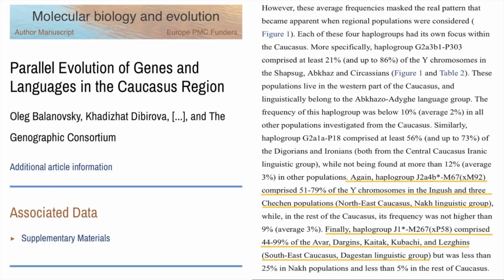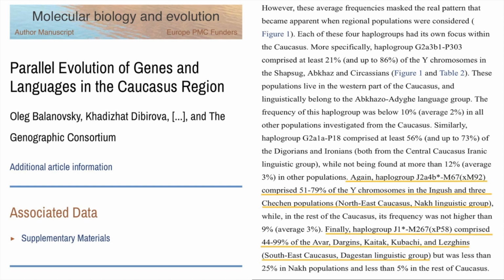So again, just going to read you when it comes to the Y DNA. Among haplogroup J2a4b, M67 comprised 51 through 79% of the Y chromosomes in the Ingush and Chechen populations, the Northeast Caucasus Nakh linguistic group.